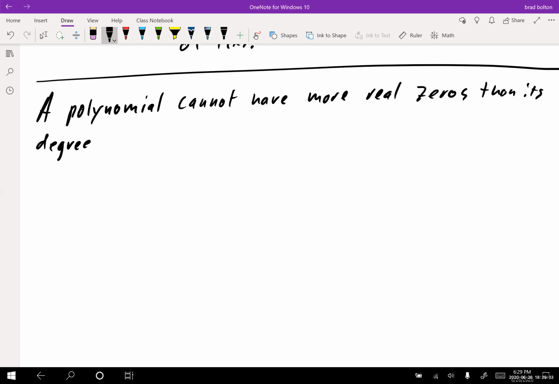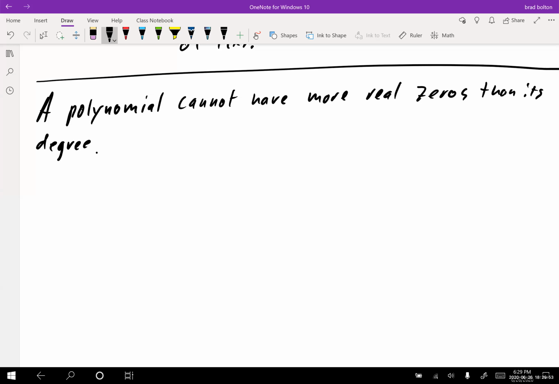Okay, so a polynomial cannot have more real zeros than its degree, all right? So what this is basically saying is that if you have a degree 3 polynomial, then it can have no more than 3 real zeros. It might have 3, it might have 1, but it can't have more than 3, okay?